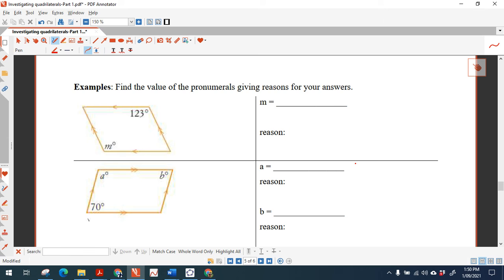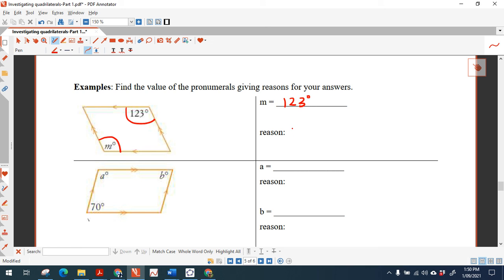Alrighty, so we're going to use the properties we just did up there and solve these questions. Now let's have a look. We've got opposite sides parallel. You can see by the arrow, so it's a parallelogram. That means we know that the opposite angles are equal. So let's have a look. M must be 123 degrees, right?